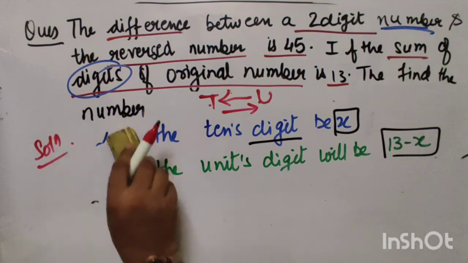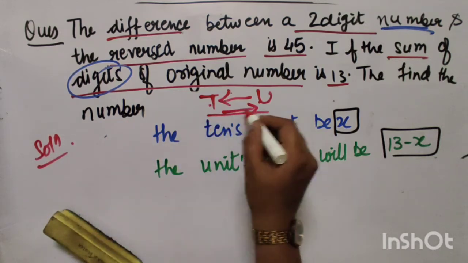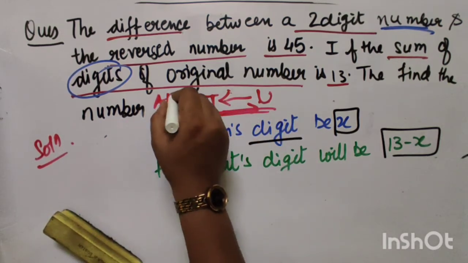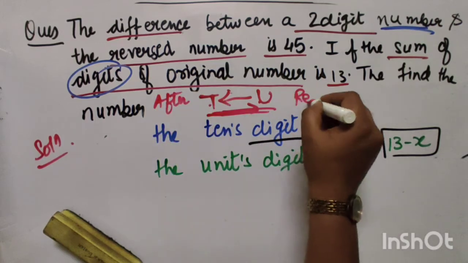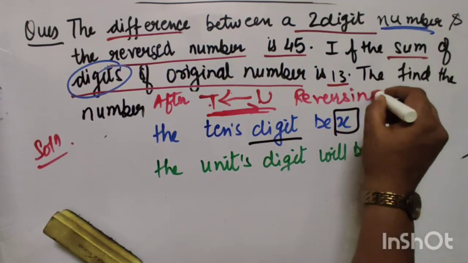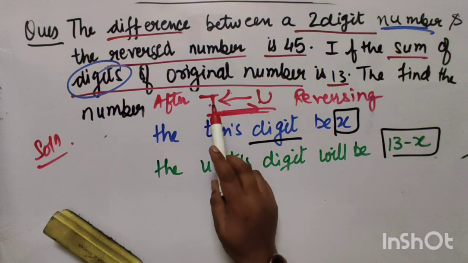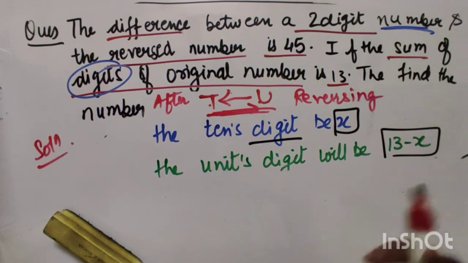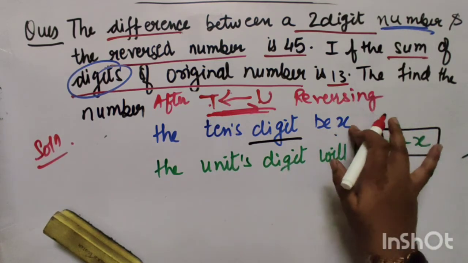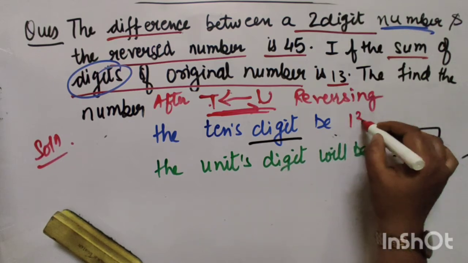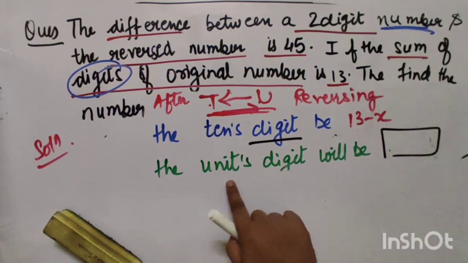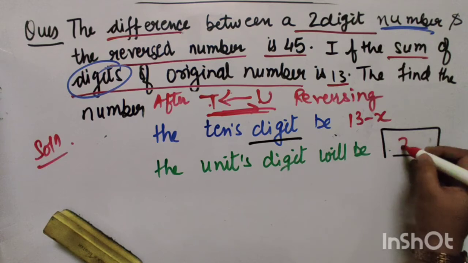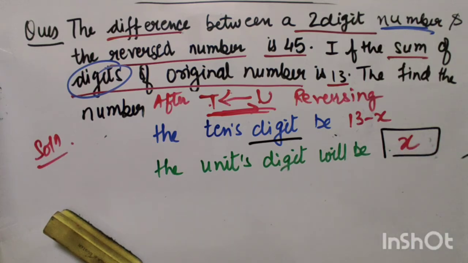So after reversing, I'm going to make my tens a unit digit. Instead of x, I'm going to write here 13 minus x, and in place of unit digit, I'm going to write here x.